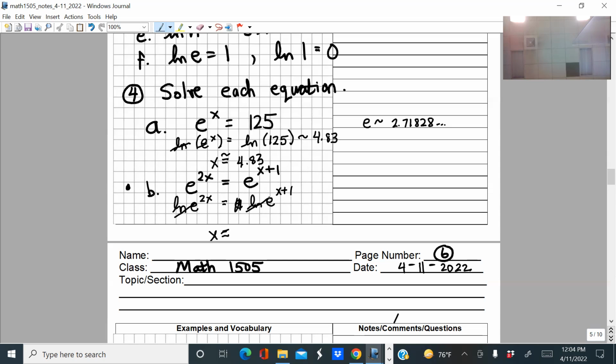These are going to cancel each other, so you end up with 2x is equal to x plus 1. And now you just have to solve that easy equation. 2x is equal to x plus 1. Isn't that x equals 1? I think so, right? So there's our easy solution to that equation, just x equals 1.